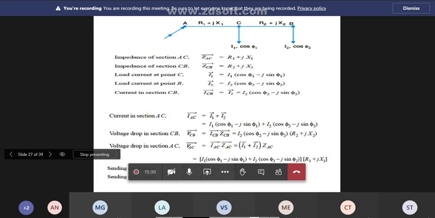At lagging power factors at points C and B, we have cos phi 1 and cos phi 2. At C the power factor is cos phi 1, at B the power factor is cos phi 2. Why? Because each is an individual consumer, so they operate at their own individual power factors.